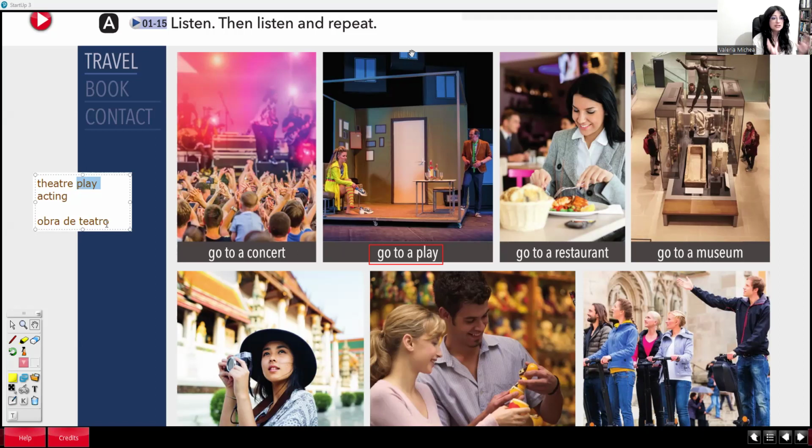Depending on where you're using this word, it has different meanings. But tonight we are focusing on this meaning, obra de teatro. You can invite somebody to go to a play with you, or to go to a restaurant. We know what that is. Go to a museum.